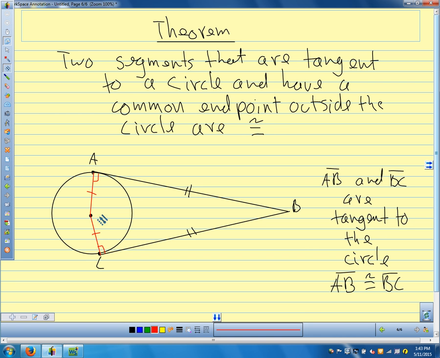And then I can draw in this segment in the middle, which is congruent to itself. So these two triangles are congruent by hypotenuse-leg, and corresponding parts of congruent triangles are congruent. So that's why that works out. So if we have two tangents that intersect outside the circle, we know the lengths of the two tangents are the same.